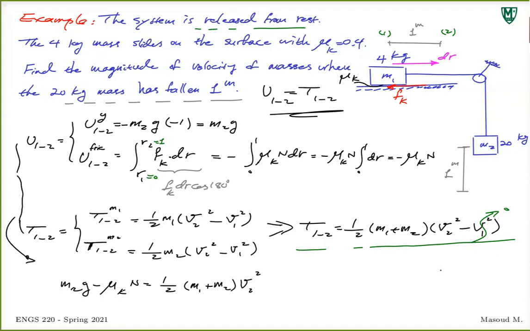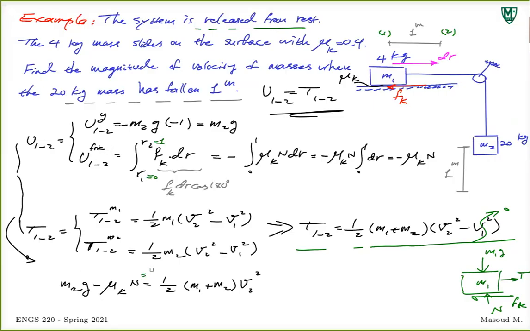Now n, well, for m1 it's m1g. Let's put it this way, I don't know what it's n, and I put friction here, fk, and you also have T there if you want to quickly draw the free body diagram. N is m1g, so I'll just plug that in.